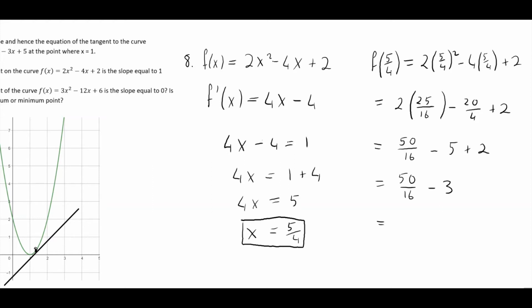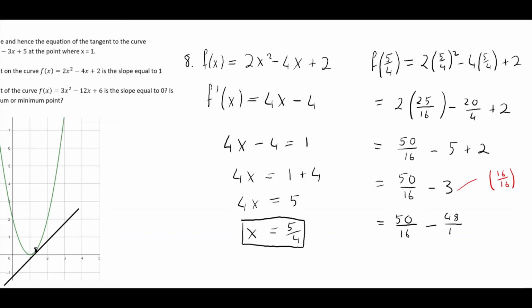And then we're just going to change this into a fraction that has 16 below it. So what we'll do is we'll just multiply this one here by 16 over 16, which is the same as multiplying it by 1. So you're going to get 50 over 16 minus, and then 3 multiplied by 16 is 48.